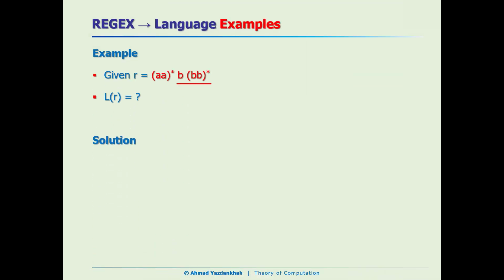We already know what this means, and we already know what this means. So it's just a combination of both of them. I would say L of R equals, so this is the even number of A's, so A to the 2n, and how about this one? Odd number of B's, but not necessarily the same n.